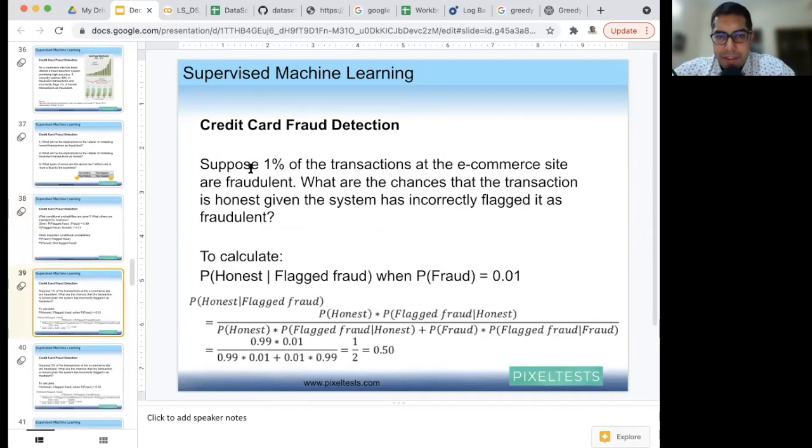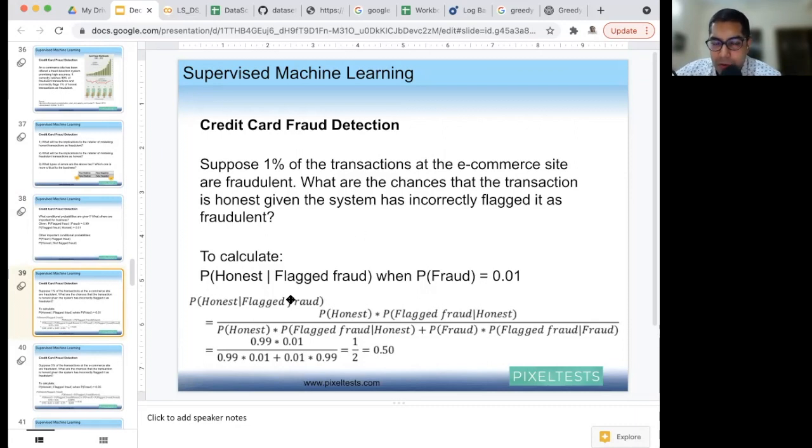So suppose 1% of the transactions at the e-commerce site are fraudulent. What are the chances the transaction is honest given the system has flagged it as fraud? You remember the Bayes theorem, and I'm going to just substitute it. P of honest given flagged fraud is equal to P of honest times P of flagged fraud given honest, over the denominator.